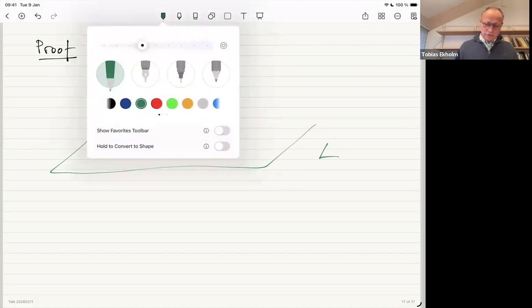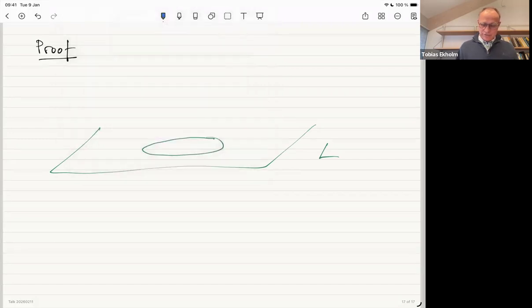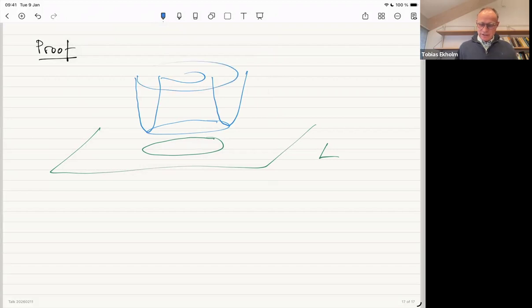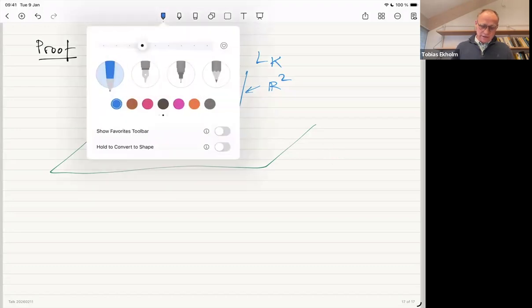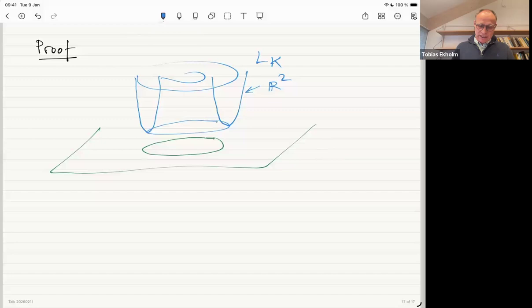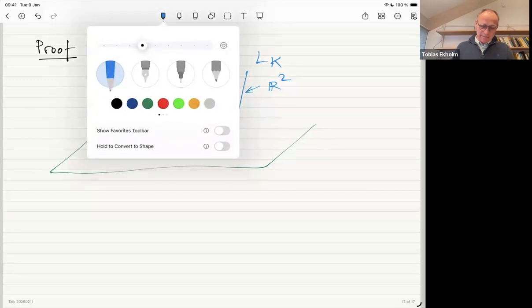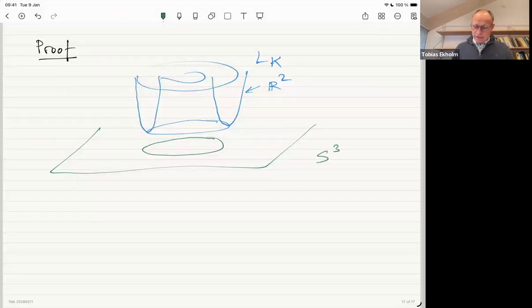And I'm going to draw the conormal of the knot in blue in a funny way. So I shifted it off, and I'm going to draw the R2 fibers like this. You see one of these parabolas, that's an R2 in the conormal. So here is S3. The picture that I'm drawing is in T star S3, S3 and all of it sitting in T star S3.